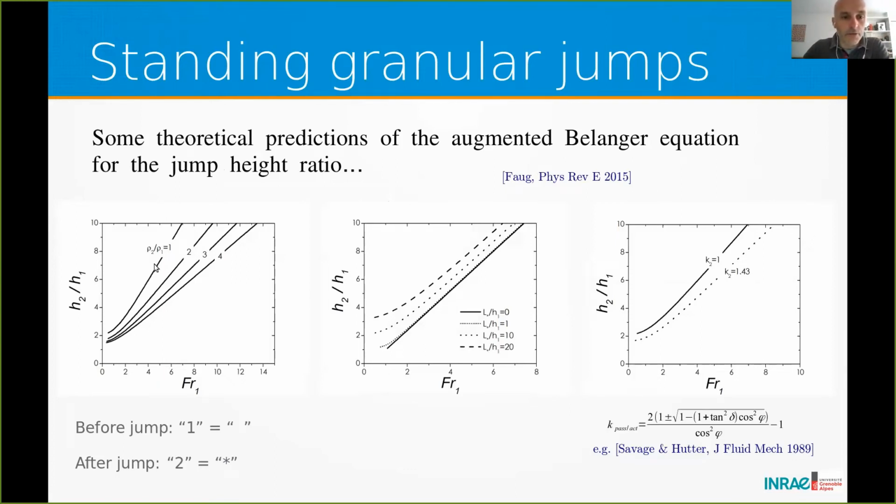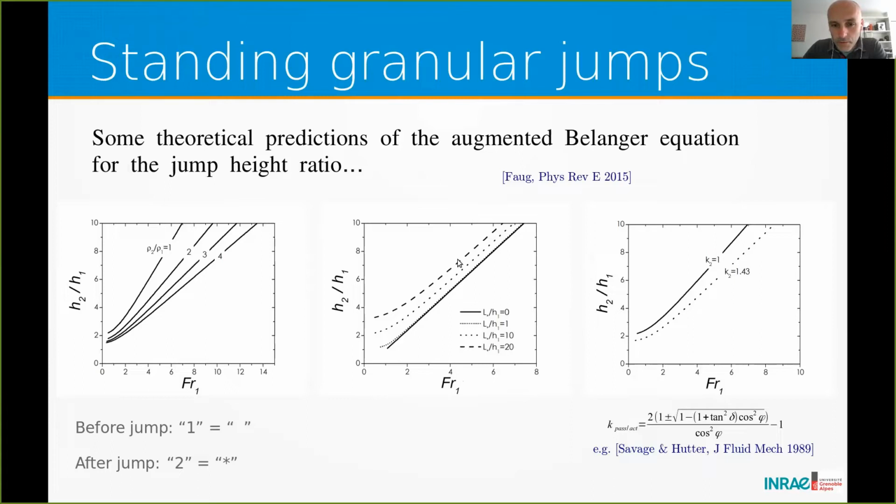In particular, we can look at the effect of density variation. And typically for a given Froude number, if you plot the jump height ratio as a function of the Froude number, an increase of the density ratio will lead to a decrease of the jump height. So compressible jumps are smaller than incompressible jumps, which makes sense. You can also look at the influence of the length of the jump.